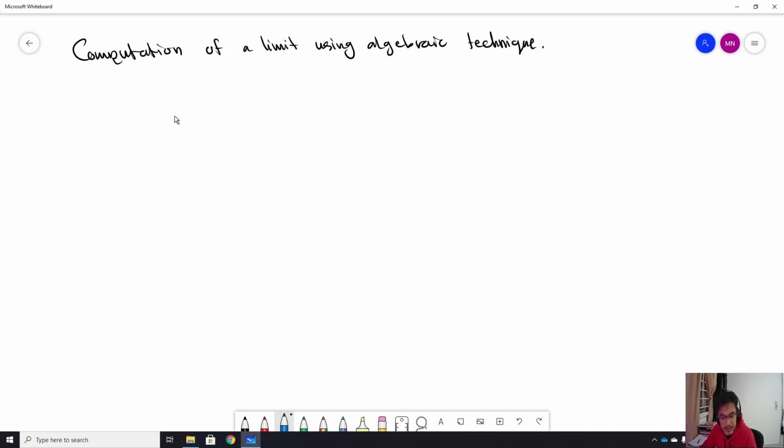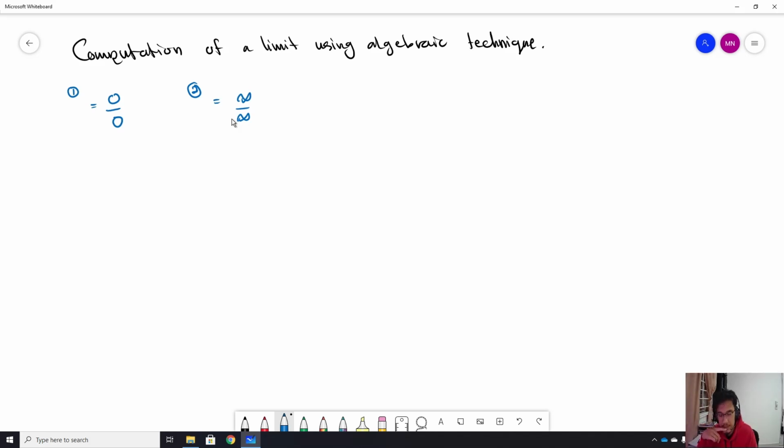Okay, the two situations that cannot be satisfied in this chapter is when we get the answer 0 over 0. This is the condition number 1. And for condition number 2 is that we have infinity over infinity. Okay, so these two conditions cannot be met in limits.